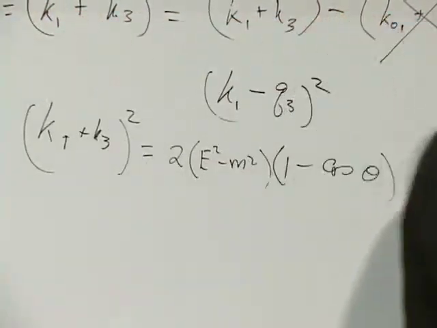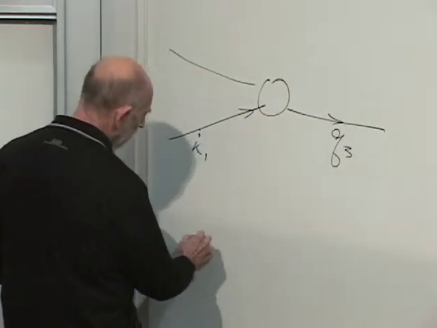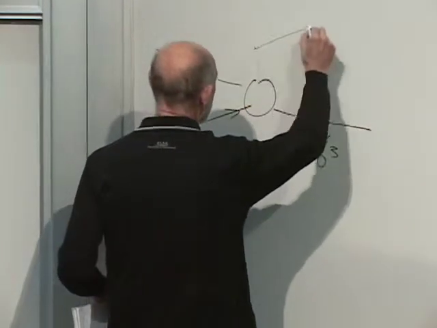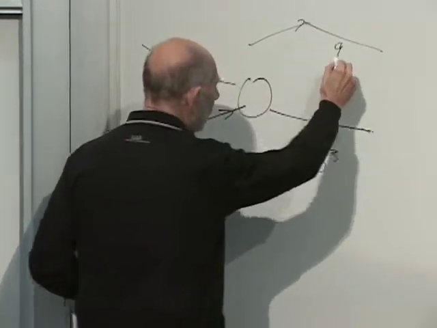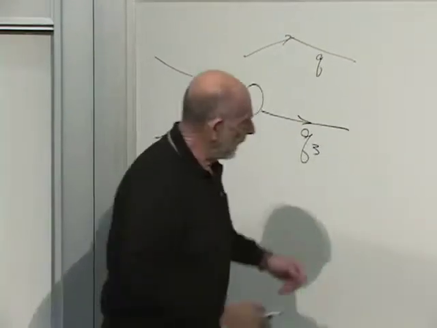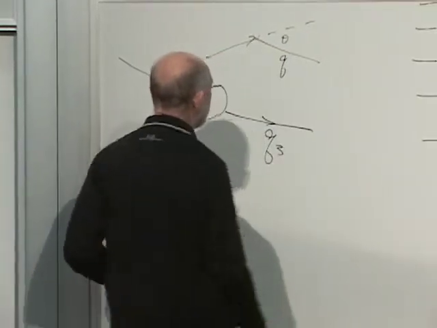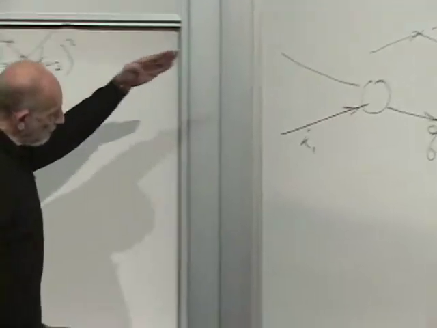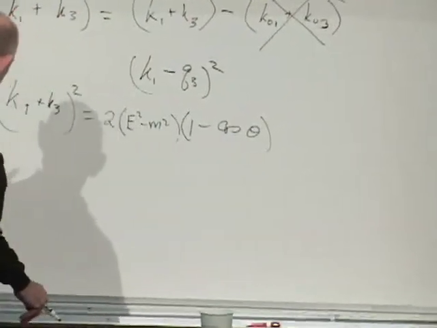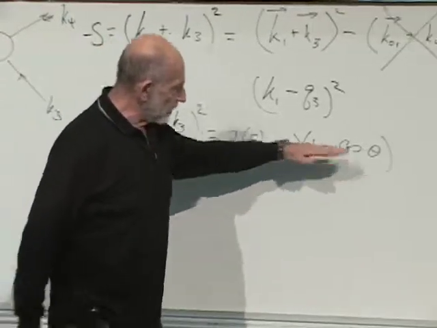The angle of scattering is the angle between 1 and 3. K1 comes in, Q3 goes out, the particle gets deflected through an angle, and it's that deflection angle, theta, between the incoming state and the outgoing state, that's what's here.